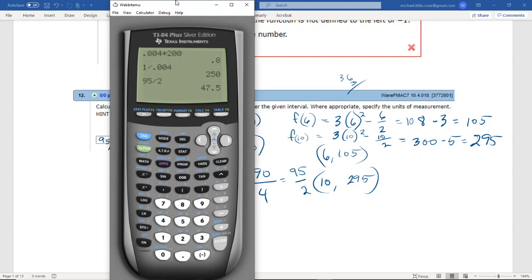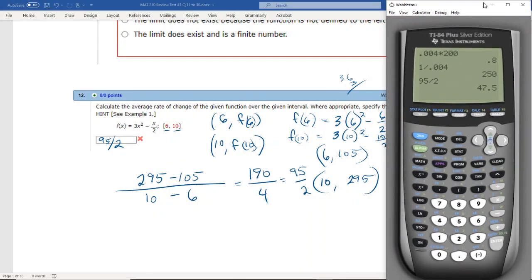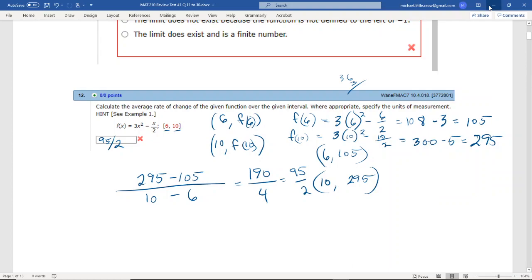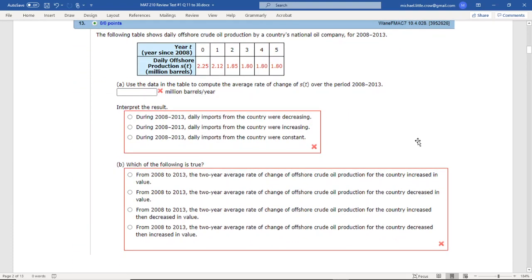So it's not a repeating decimal or anything, so we should be just fine. Okay, so 95 over 2, 47.5. Either one. Good. Let's keep moving on.